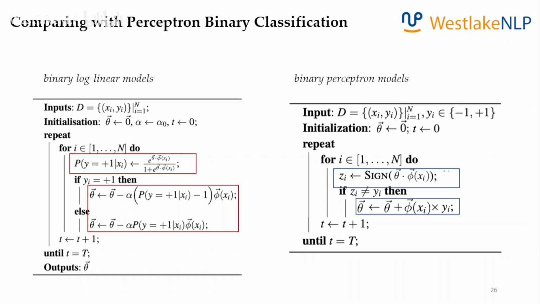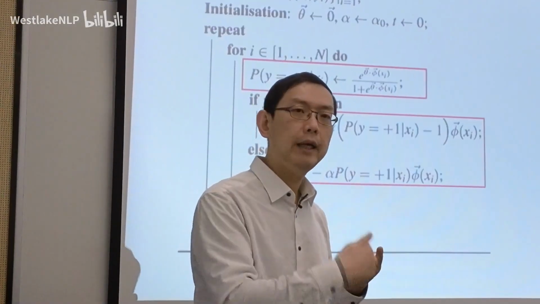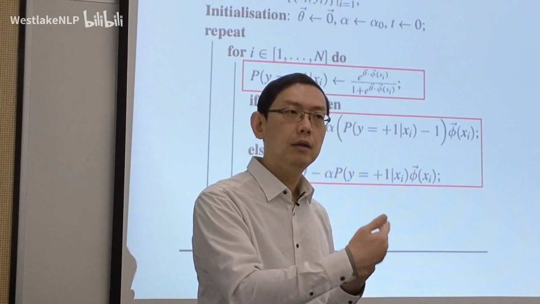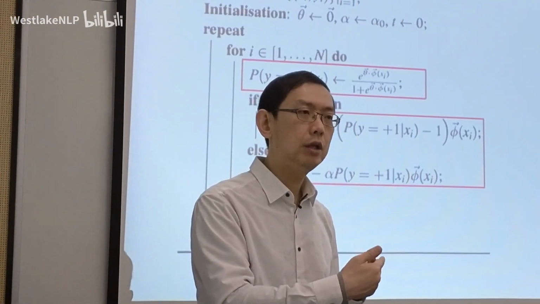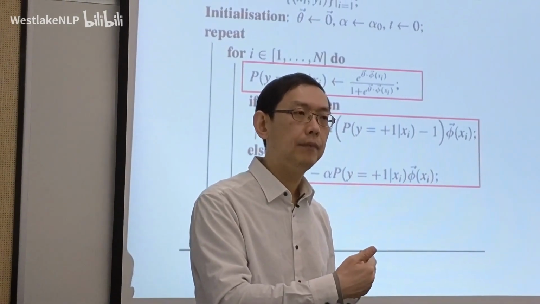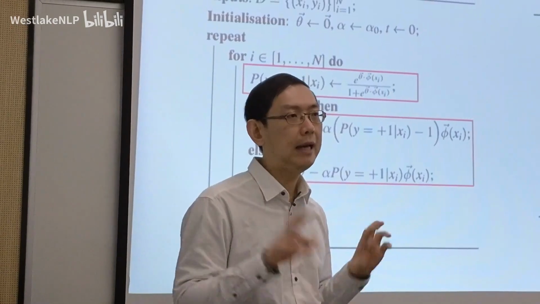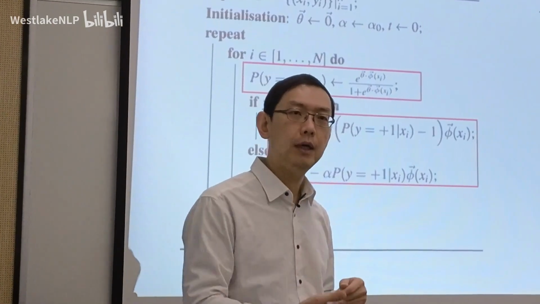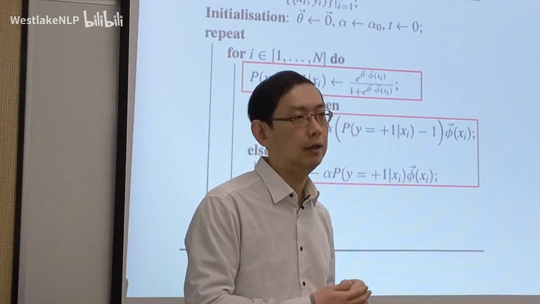What's the difference? The perceptron makes a hard decision. It uses the current model to predict the output class. If it's correct, we don't do any update. This, in machine learning, is called a passive update. You don't update unless it's necessary.